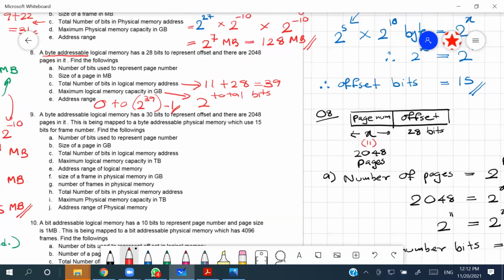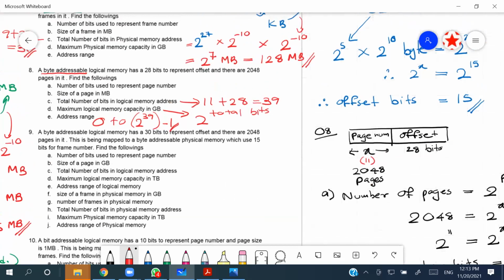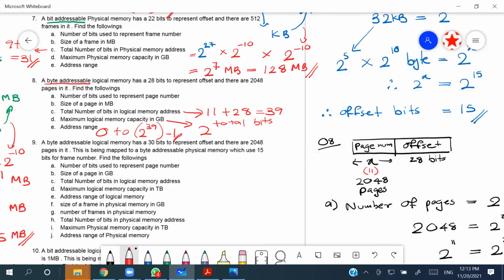It says a byte addressable logical memory has 30 bits to represent offset. So first we are going to draw the logical memory. It has 30 bits to represent offset.